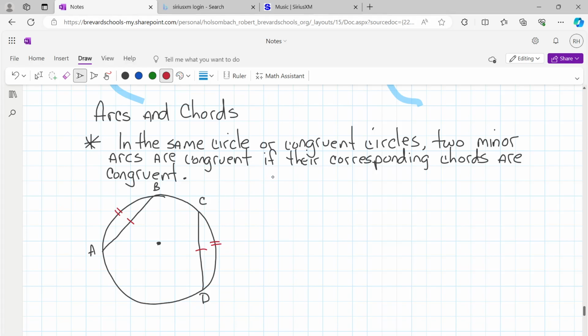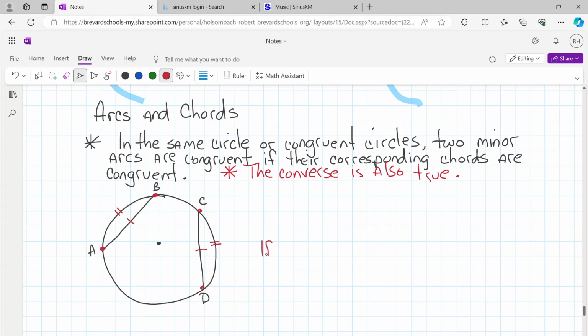And you can put a little note right here. The converse is also true. Meaning if two arcs in one circle are congruent to each other, okay?